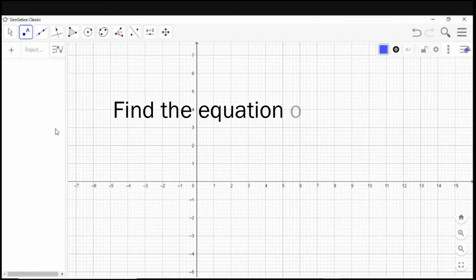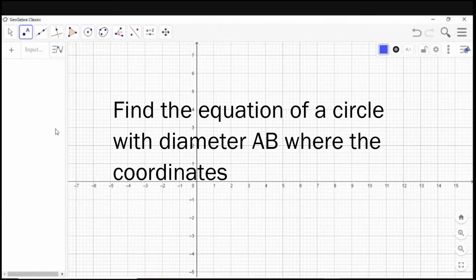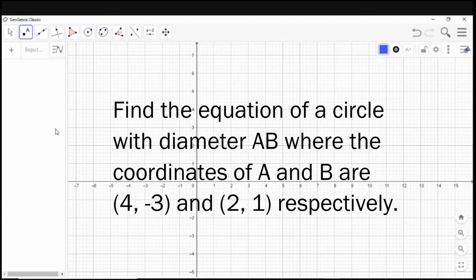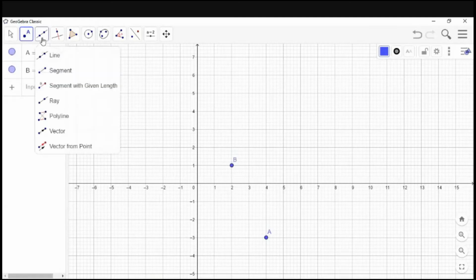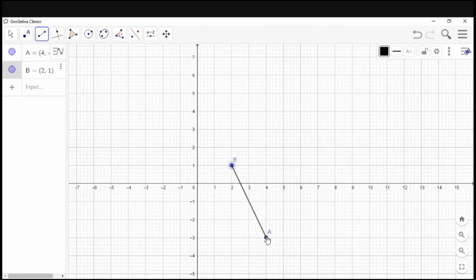The problem says, find the equation of a circle with diameter AB, where the coordinates A and B are 4, -3, and 2, 1 respectively. Let me plot the points first. So I have point A at 4, -3, and point B at 2, 1. And these points make the diameter of the given circle.